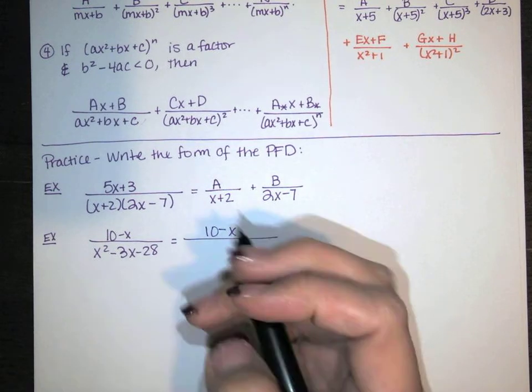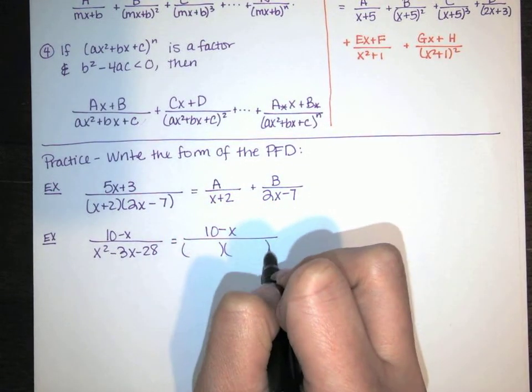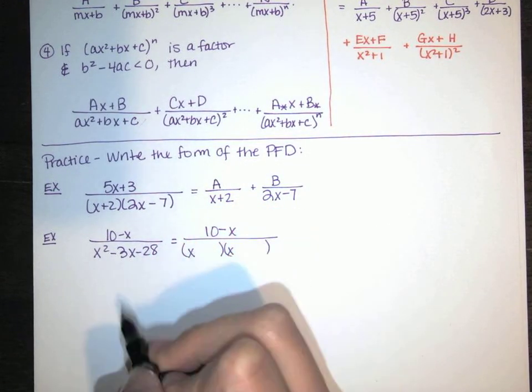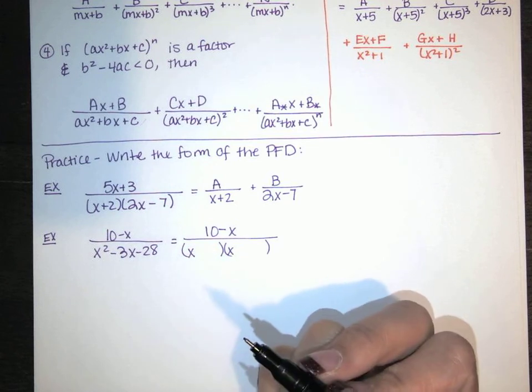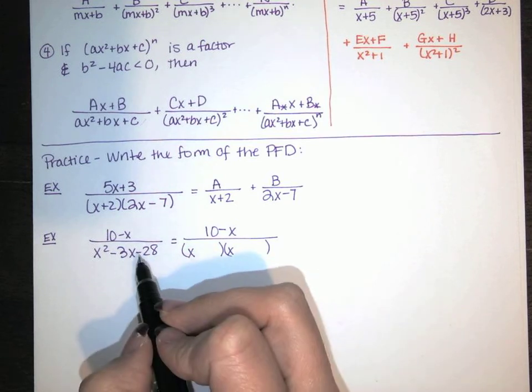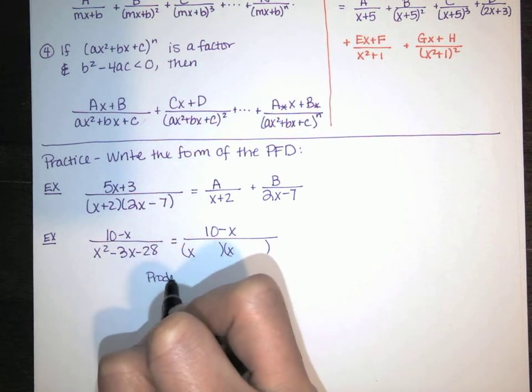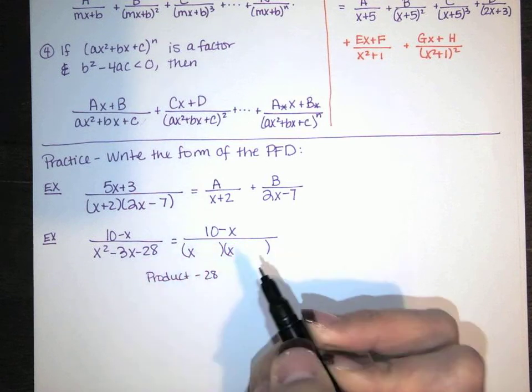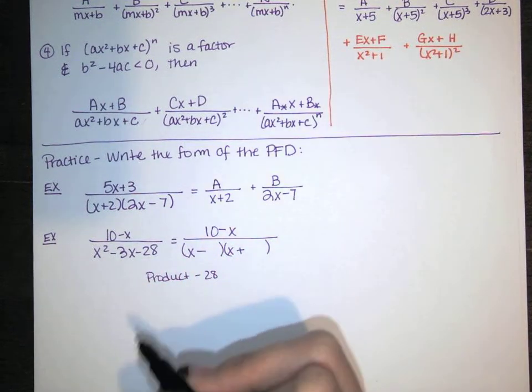Okay, so I'm looking at this. I need two numbers that multiply to give me negative 28 that add to negative 3. Well, if the product is negative, that means I need a negative and a positive.